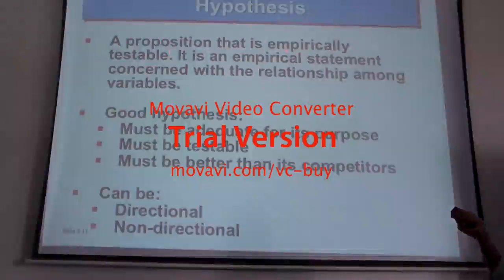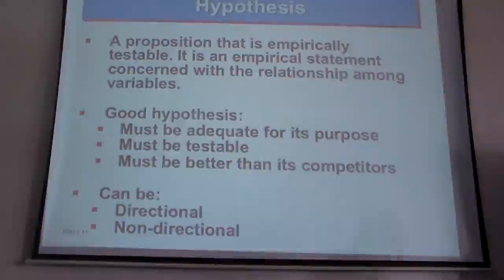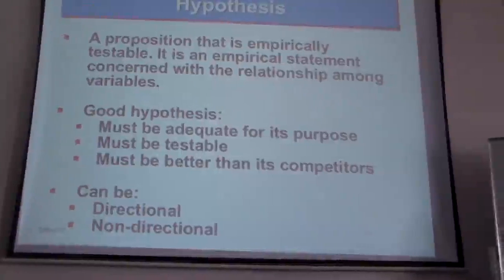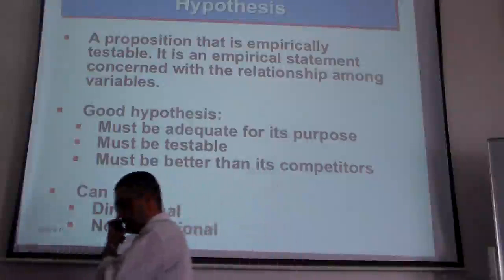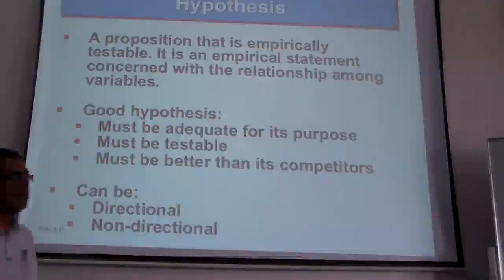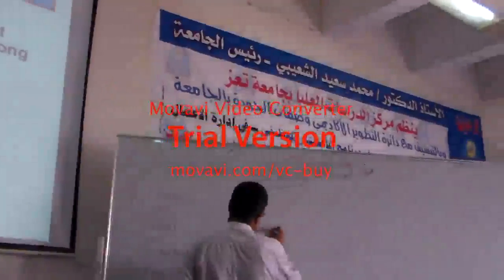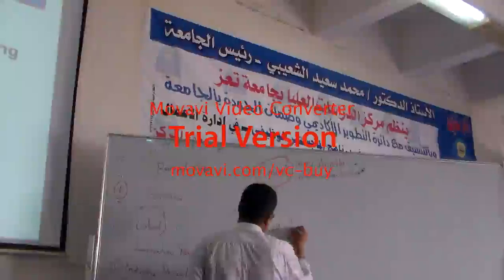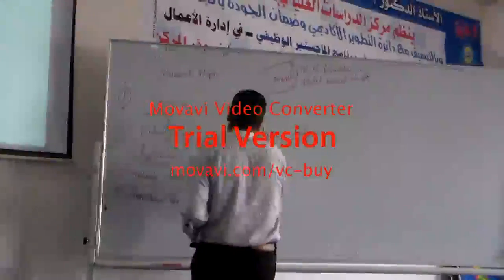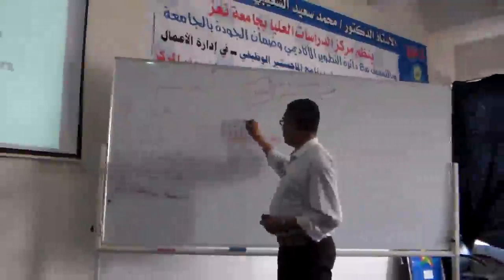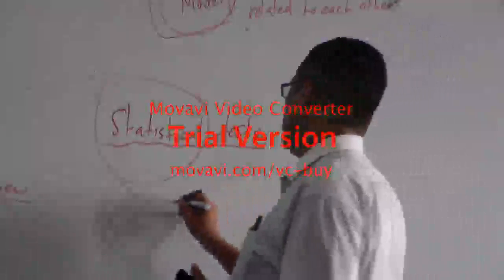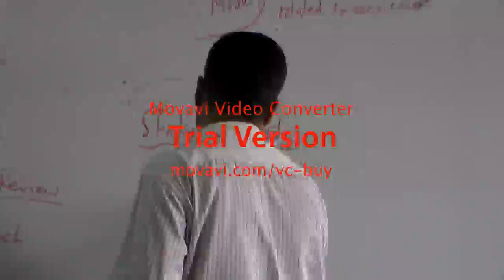How do we test this relationship or the hypothesis? This is what we call a statistical test. I think you know about this. We do some statistical tests. So you should be strong enough in statistics to know about statistical tests, or statistical analysis.